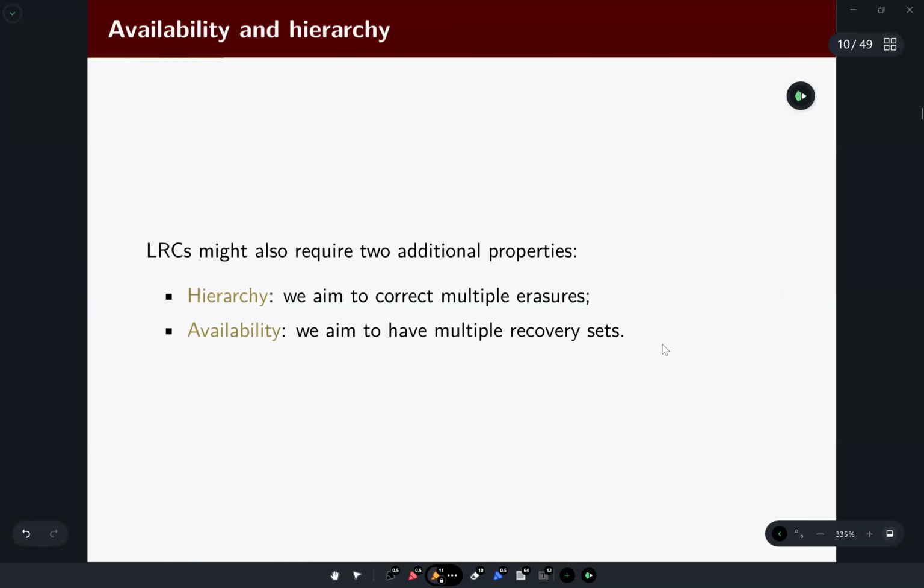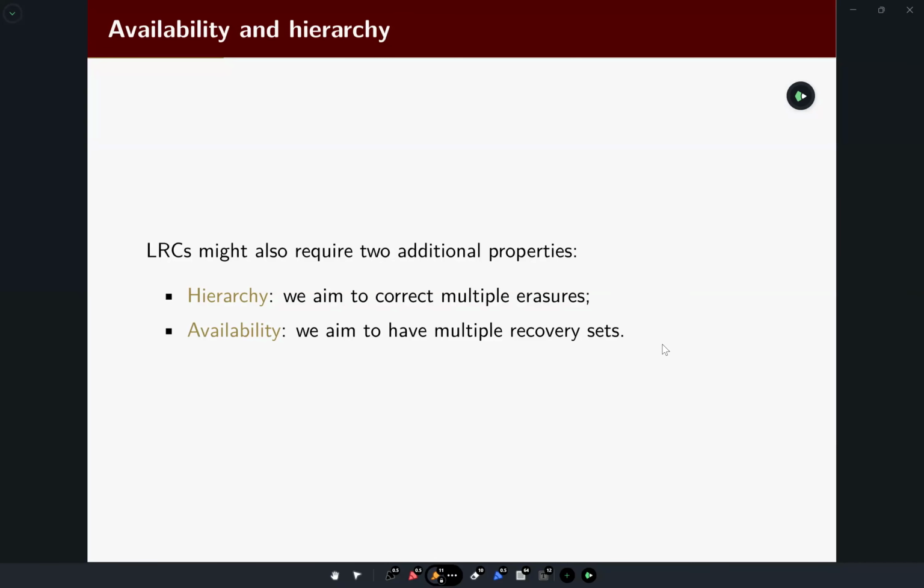Now, what's next? Locally recoverable codes have been intensively studied in recent years, and sometimes they might require 2 additional properties. Those 2 properties are basically the goal of this presentation, because my aim is to show that using Galois theory, sometimes we have the tool to extend the state-of-the-art constructions and give them additional properties.